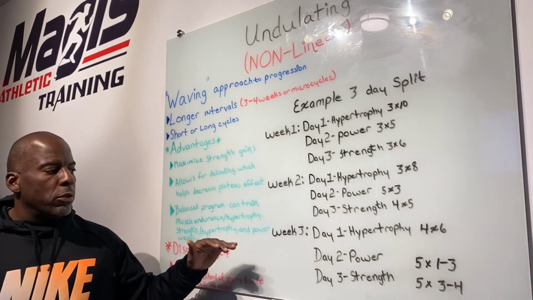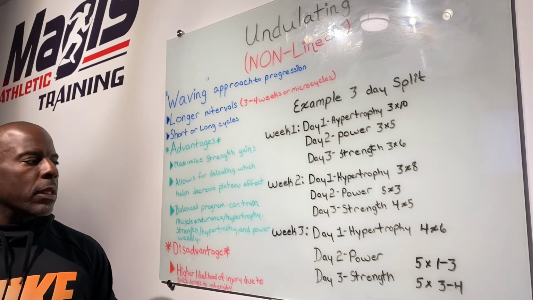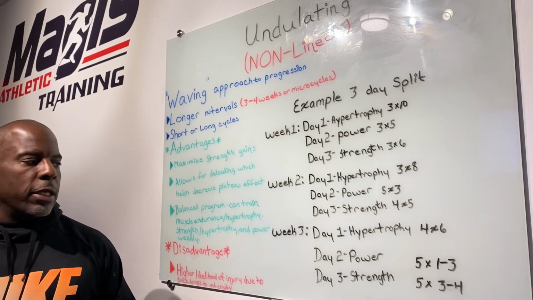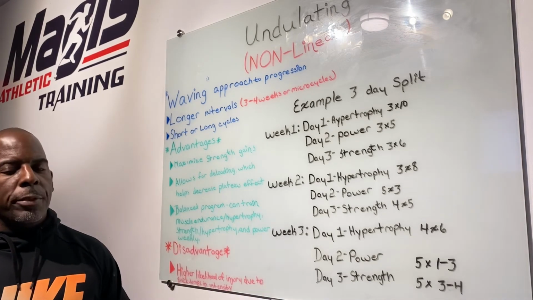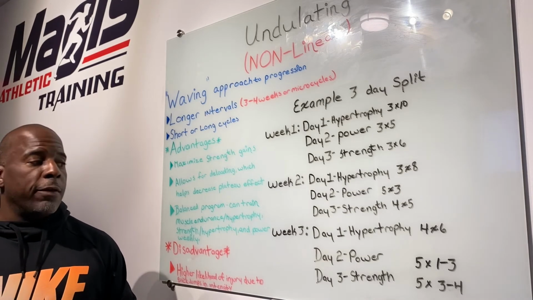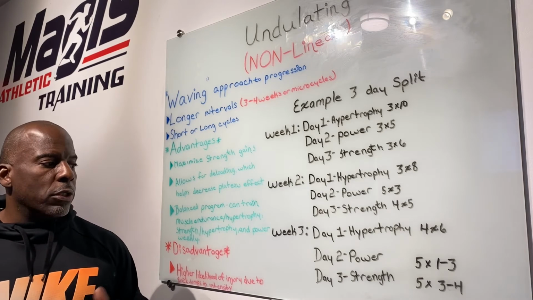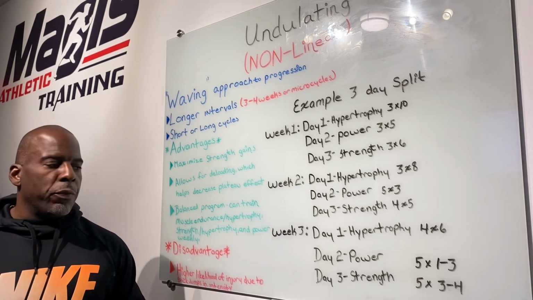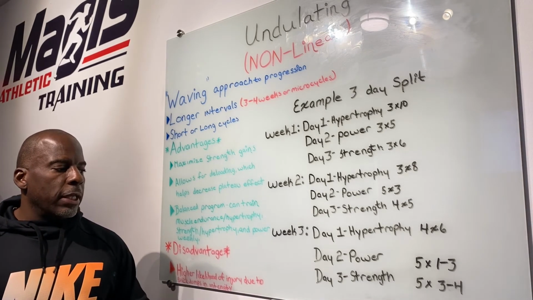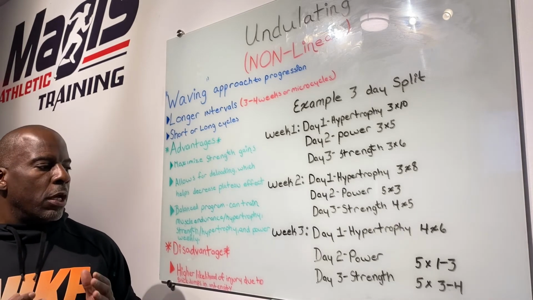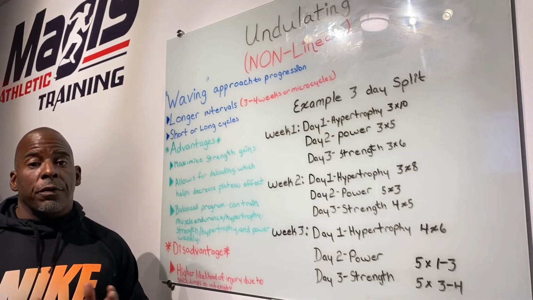Now we're going to go into our 3rd week of training, utilizing the undulating method. Day 1, we're going to be doing some hypertrophy, doing 4 sets of 6. Day 2, power is going to be 5 sets of 1 to 3 reps. And day 3, we're going to work on some strength, 5 sets of 3 to 4 reps.